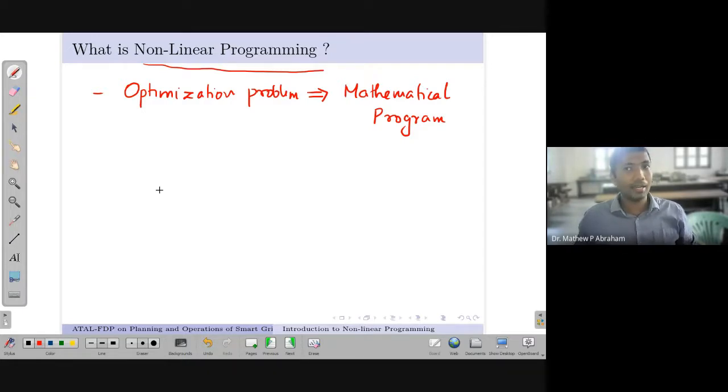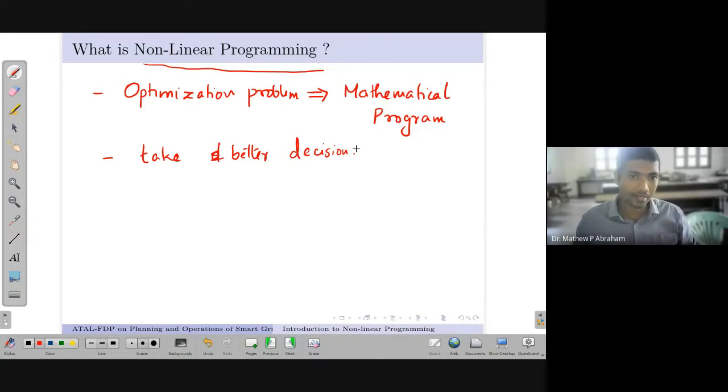The reason is that optimization problems are used to take better decisions. We always need to decide on something. We have a few options before us, and we need to choose the best option among the choices available.